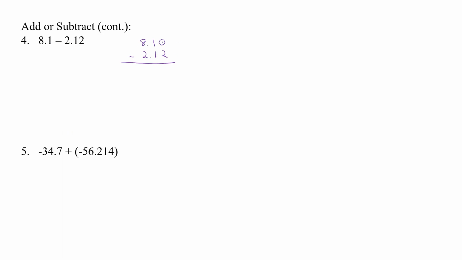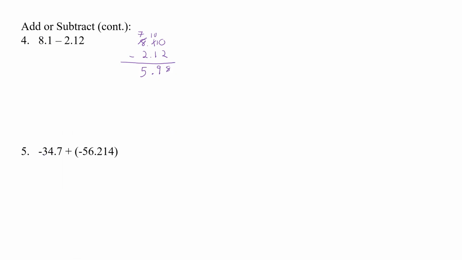Now we notice that that's a 0, so we're going to come clear over here to borrow, so that's the 7. That becomes 10 because we're going to borrow 1 from 11, and so this is 10. So it's 10 minus 2 is 8, 10 minus 1 is 9, our point. 7 minus 2 is 5. It's positive as the larger one, so our answer then is 5.98.